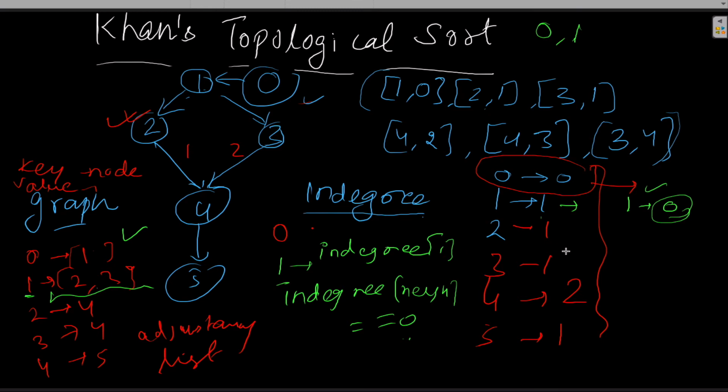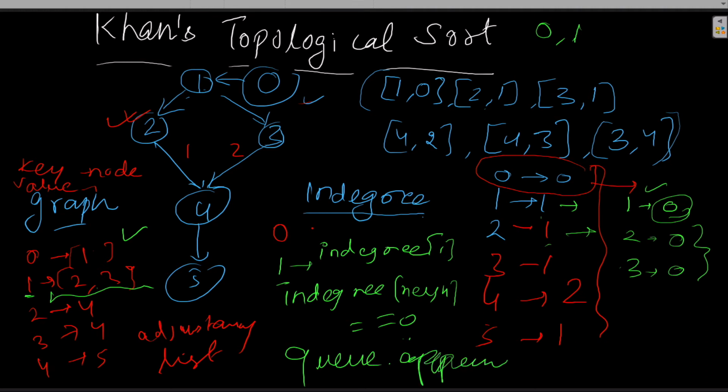The in-degree of 2, which is right now 1, will become 0, and the in-degree of 3 will also become 0. As soon as the in-degree of any node becomes 0, we put it onto the queue, so queue dot append that particular neighbor.